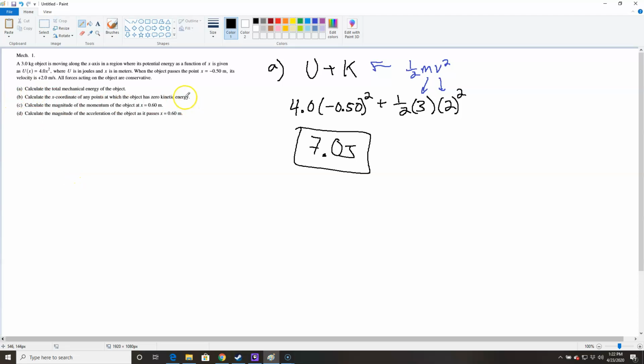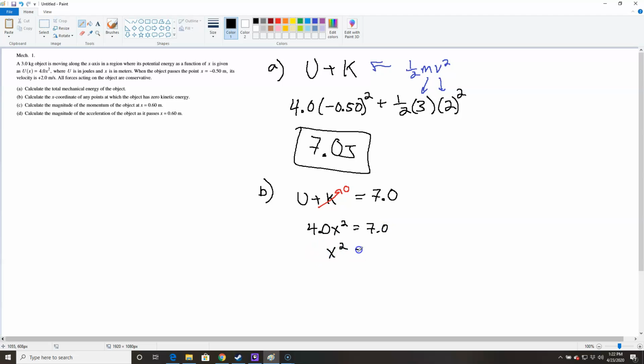B says calculate the x-coordinate of any points at which the object has 0 kinetic energy. Again, our energy comes in the form of potential and kinetic, and we were just told to set that kinetic to 0. In part A, we solved that the total energy is 7 joules. So 4.0 x squared equals 7.